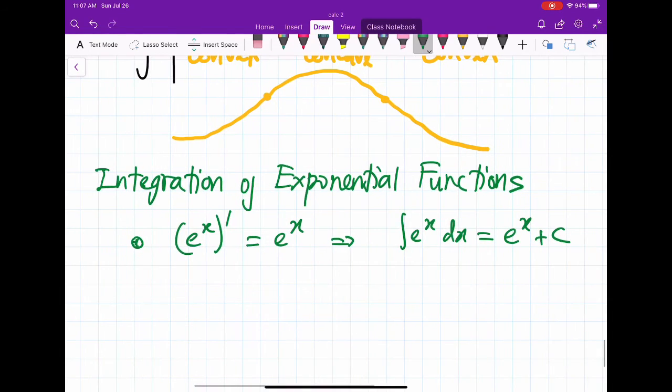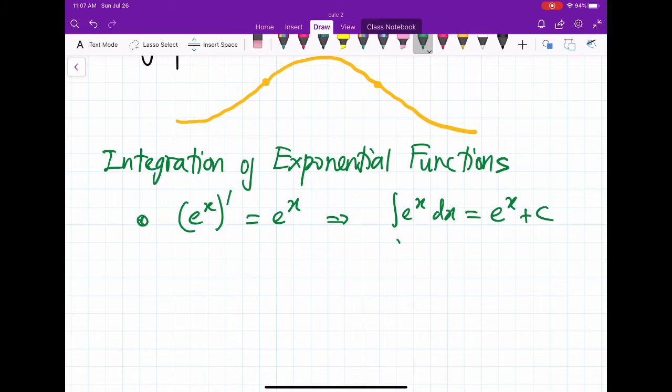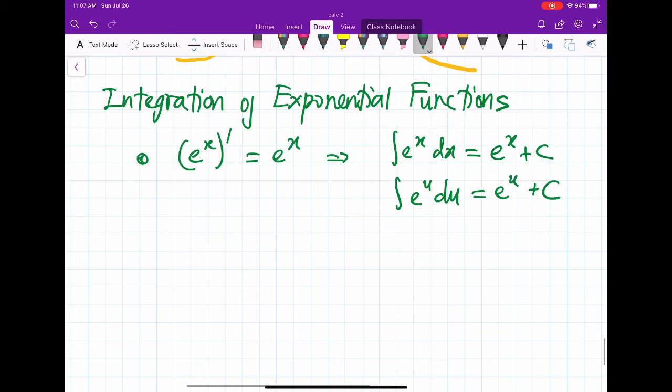And pretty nice. And of course, you have e to the u, du is equal to e to the u plus c, if u is a function of x. Okay, so this exponential function is pretty nice. The derivative is the same, right? And the antiderivative is also the same.